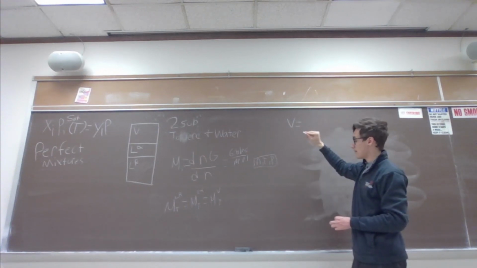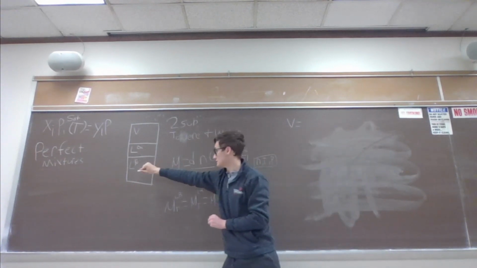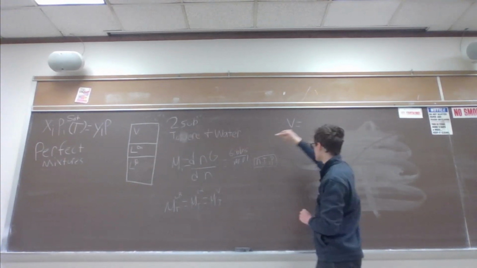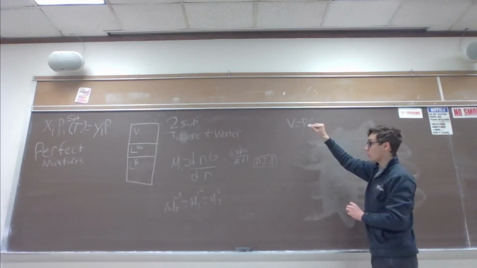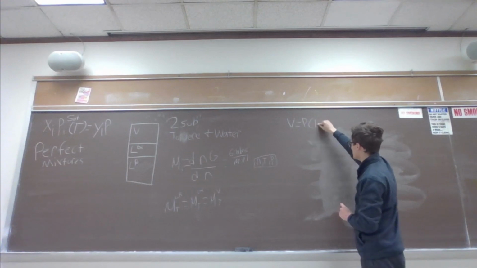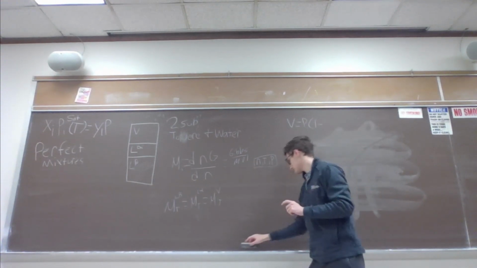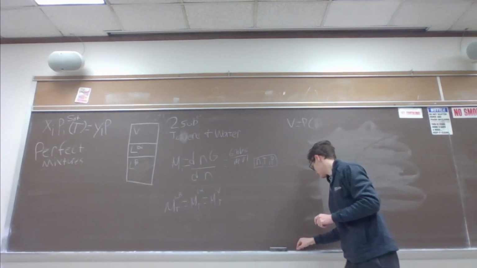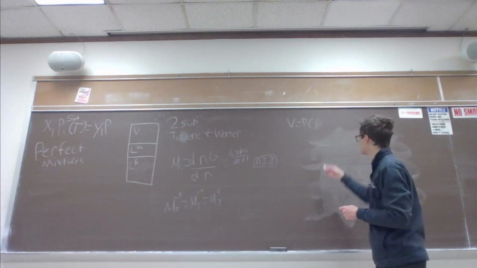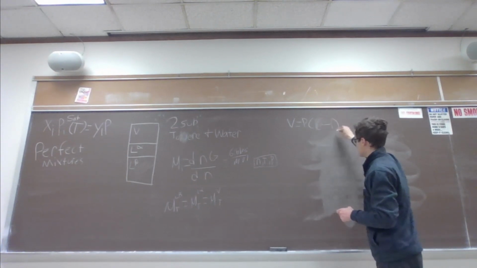And so for the mole fractions, for each phase, you're going to have P, the phases, times C minus 1, plus 2.